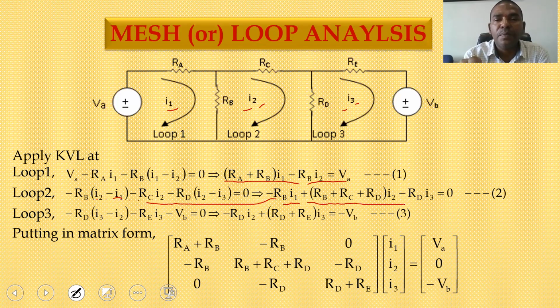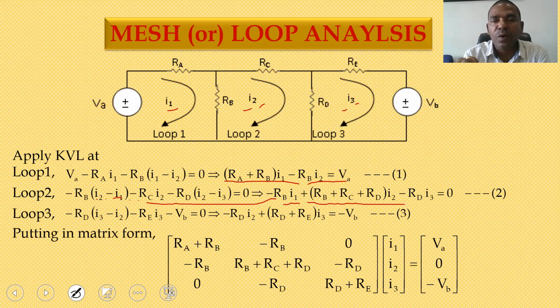This is your second equilibrium equation. Coming to the third loop, the drop across RD is the combination of two currents. With respect to I3, I2 is in the opposite direction, so the net current flowing through RD is I3 minus I2. The drop is minus RD into (I3 minus I2). Then for RE, the current is I3, so the drop is minus RE into I3.